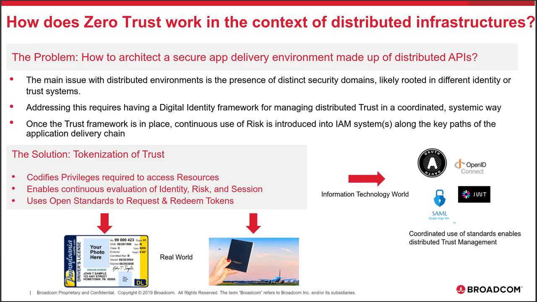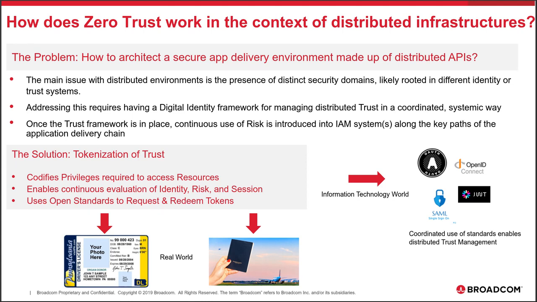In order to accommodate this, it requires a digital identity framework for managing trust in a coordinated and systemic way. And once this trust framework is in place, as I mentioned before with zero trust, we need to be able to introduce risk that may be managed in different kinds of IAM systems along the key paths of this application delivery chain.